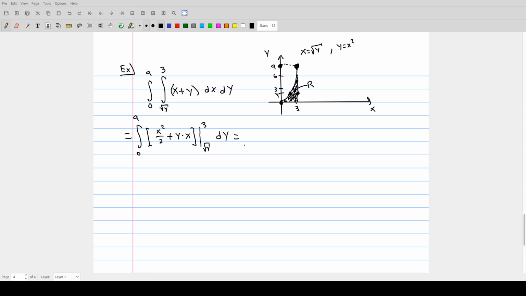When I plug in 3 here, I get 3 squared over 2, or 9 over 2, plus 3 times y. We have to subtract from that the square root of y being plugged in here for x. So it's the square root of y squared over 2, which is y over 2, plus y times the square root of y, which is y to the 1/2.